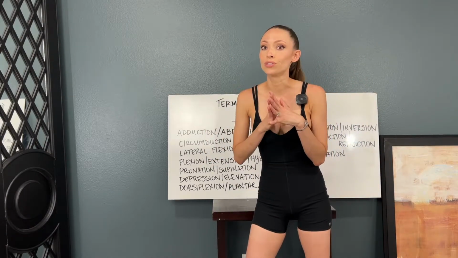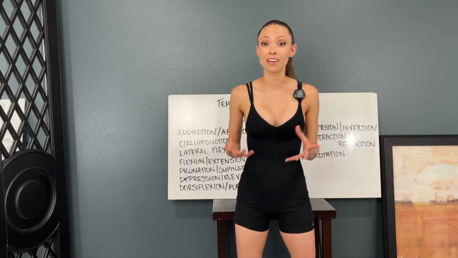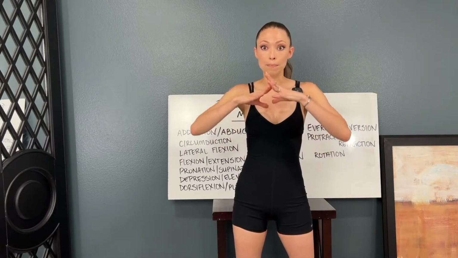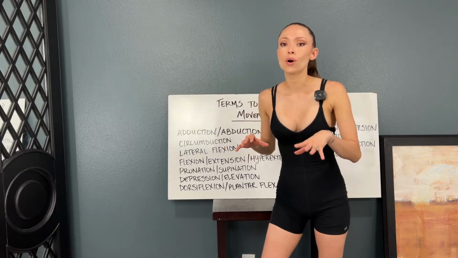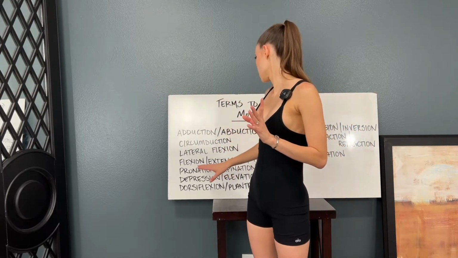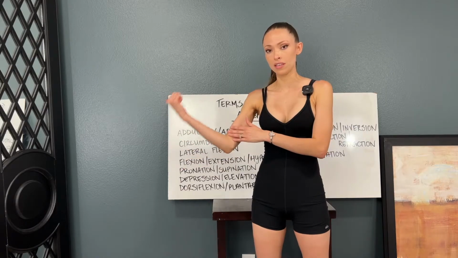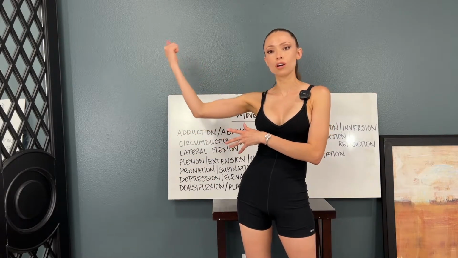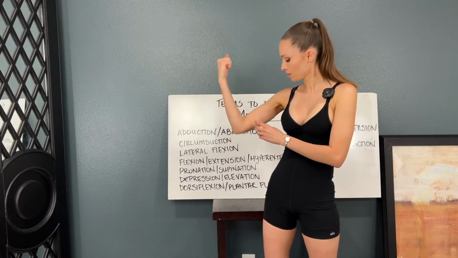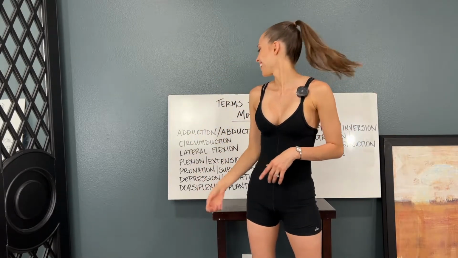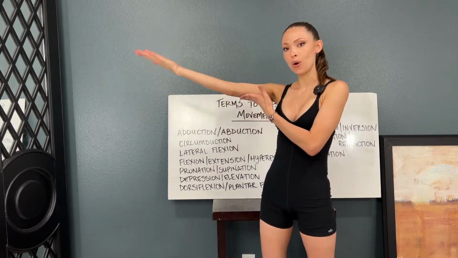When you think of the word hyper, you think of someone who's just extra and very energetic, or just beyond the norm. When you think about flex, you think of flexing your arm, showing off muscles, and then extension is when you open it up.